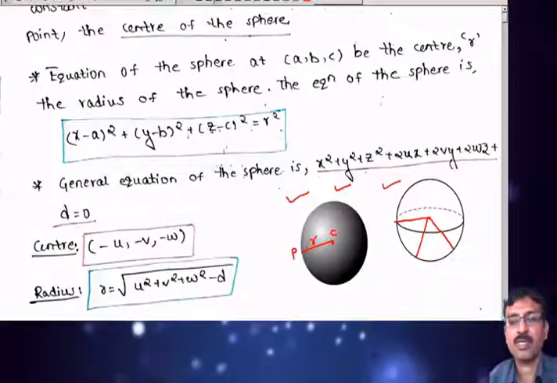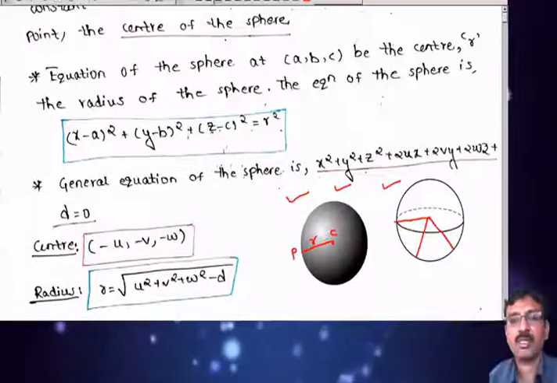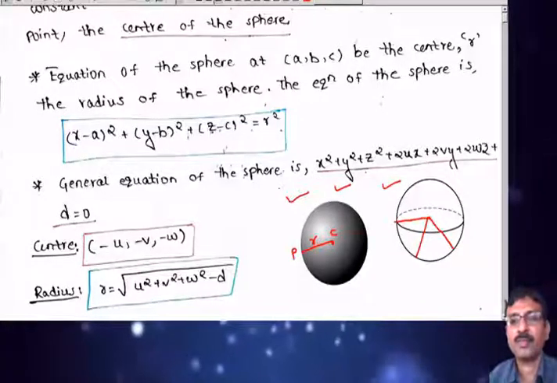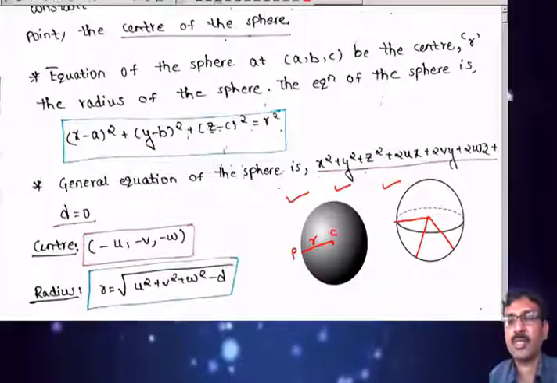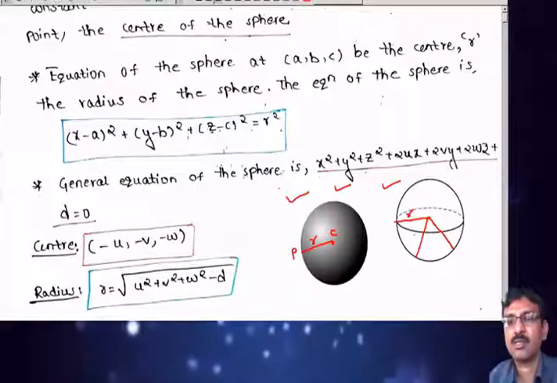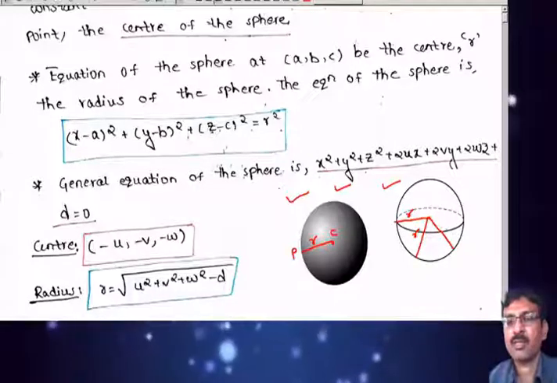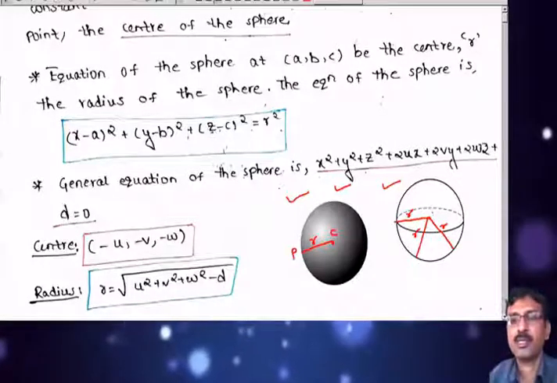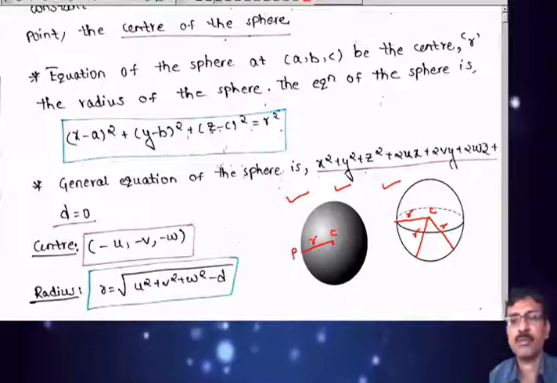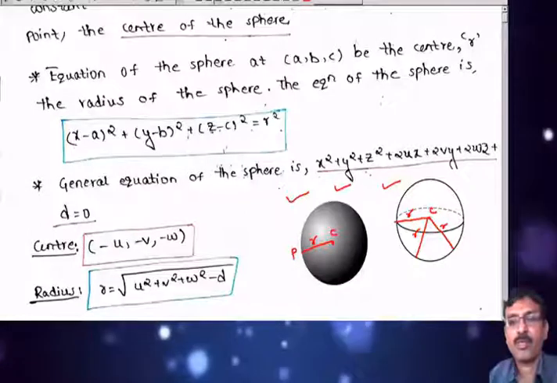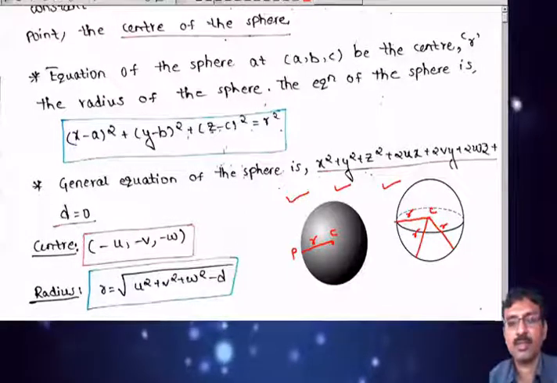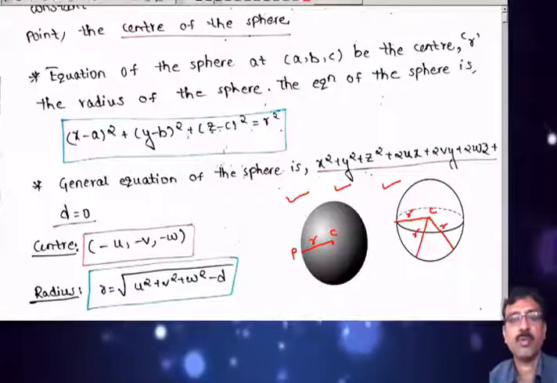The distance PC is called radius, usually denoted by R. In two dimensions also we can see these line segments are radius. So we can compare the shape of the sphere to the circle in two-dimensional geometry.